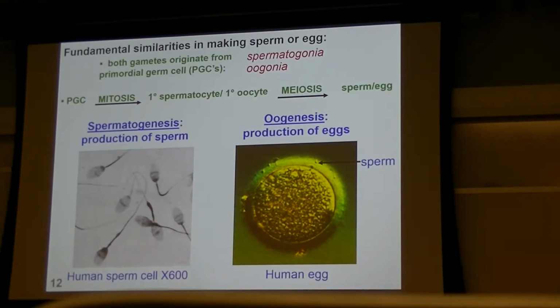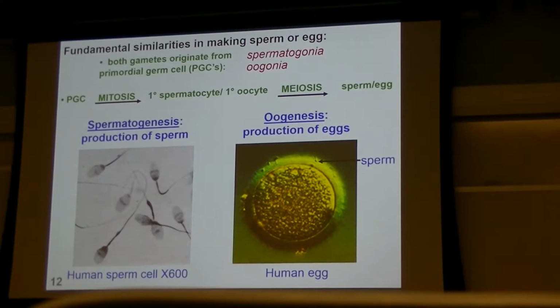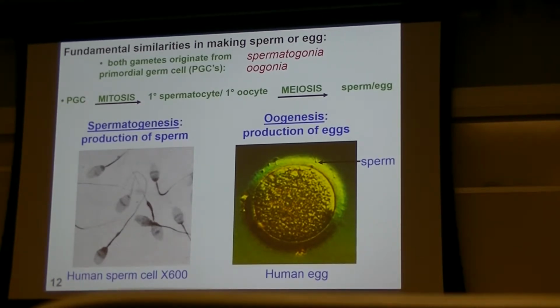Okay, so what about the next step then of going ahead and making the sperm and the egg? And we're going to talk about these two processes in some detail. And I wanted to start out by just emphasizing that really, if you look at the bigger picture for this, there's some similarities that you see in the process for each type of gamete. So in both cases, we're going to find that they start from a primordial germ cell.